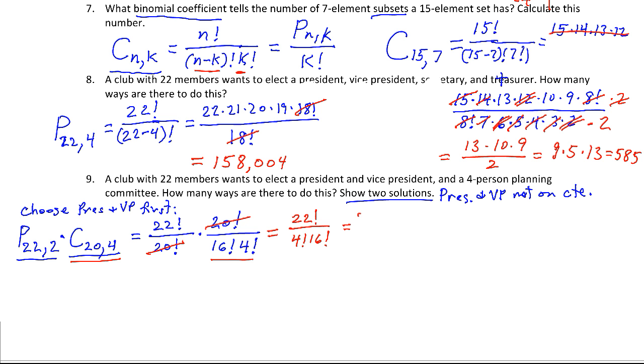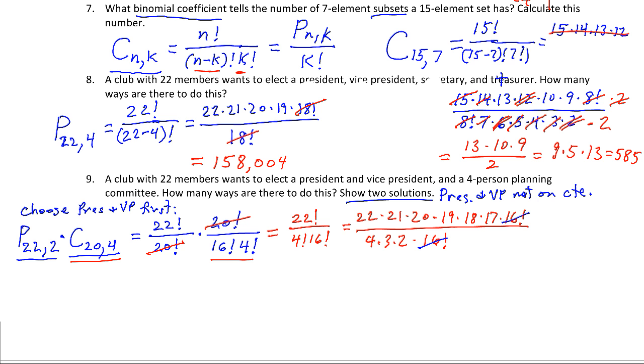It's 22 times 21 times 20 times 19 times 18 times 17 times 16 factorial. Same trick as I've been using. Over 4 times 3 times 2 times 16 factorial. Maybe I'll hop back to blue here. Cancel the 16 factorials. 4 times 3 is 12.